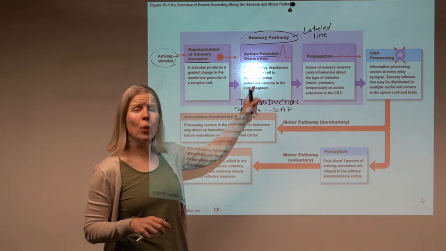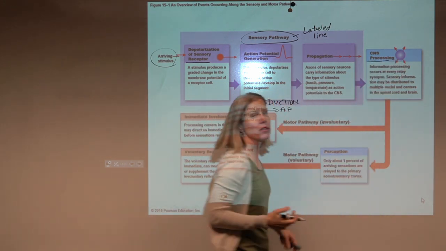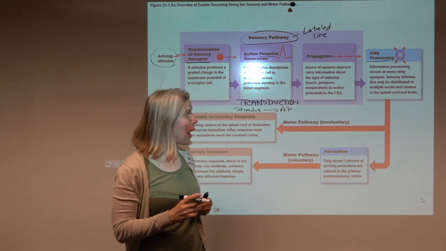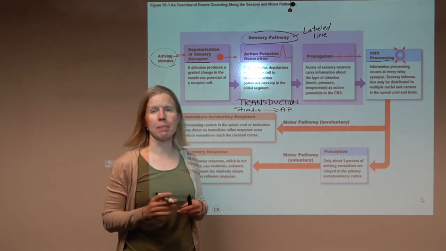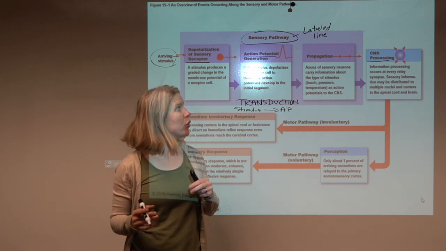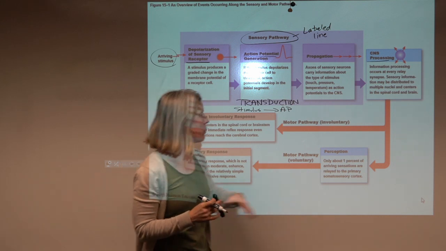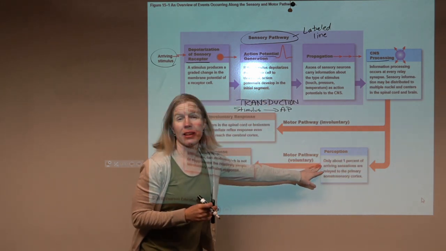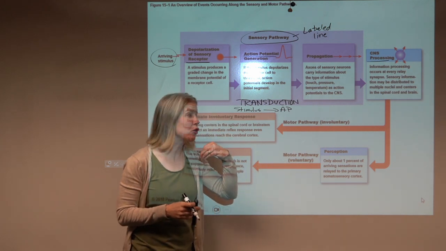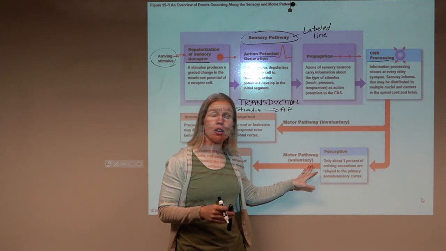Okay, we need to carry that information then to the central nervous system for processing. And this can get quite complicated, right? We will discuss this more, but we basically are going to have to do some processing for the somatic nervous system, right? I like this. Here they're pointing out again perception. Only about 1% of that actual arriving sensation is actually turned into perception.